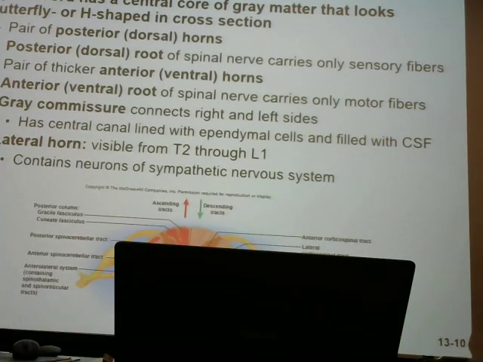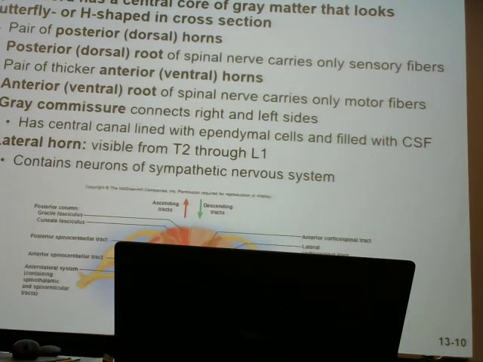So like I said, I've got the one coming in, going to branch, go to the posterior side, come to the anterior side, sensory information, motor out. Are you following me? Because now I have basically created a circuit. Have I not?